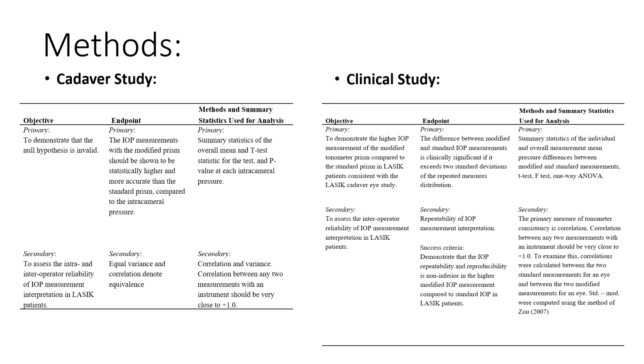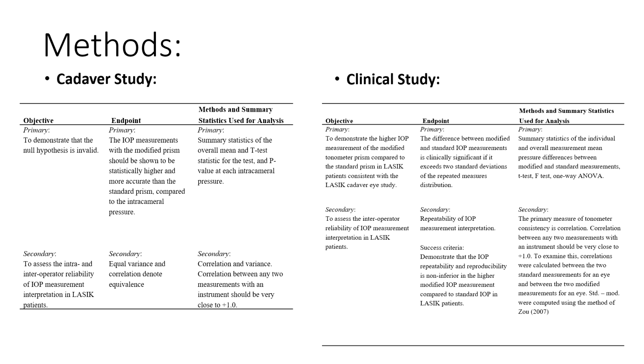The study protocol is designed to validate the modified prism's claims of improved intraocular pressure measurement compared to the standard Goldmann prism in patients who have undergone myopic LASIK. Two studies are part of a bifurcated justification. 1.